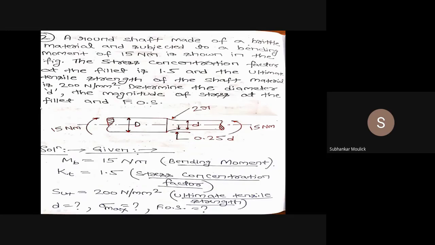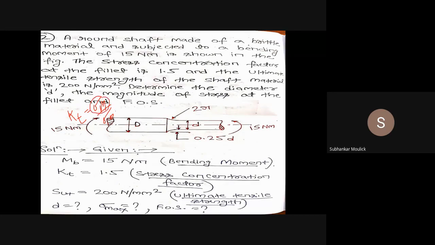Next, I need to find the value of sigma max, that is the magnitude of stress at the fillet. How will I find it? I know that kt is sigma max by sigma nominal.